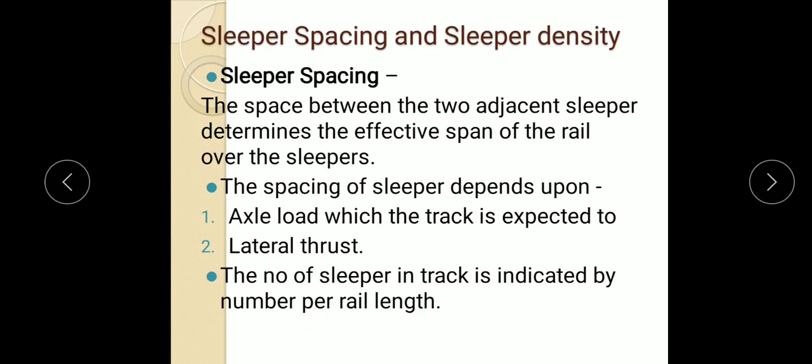The spacing of sleepers depends upon, first, the axial load which the track is expected to carry, and second, the lateral thrust. The number of sleepers in a track is indicated by number per rail length.